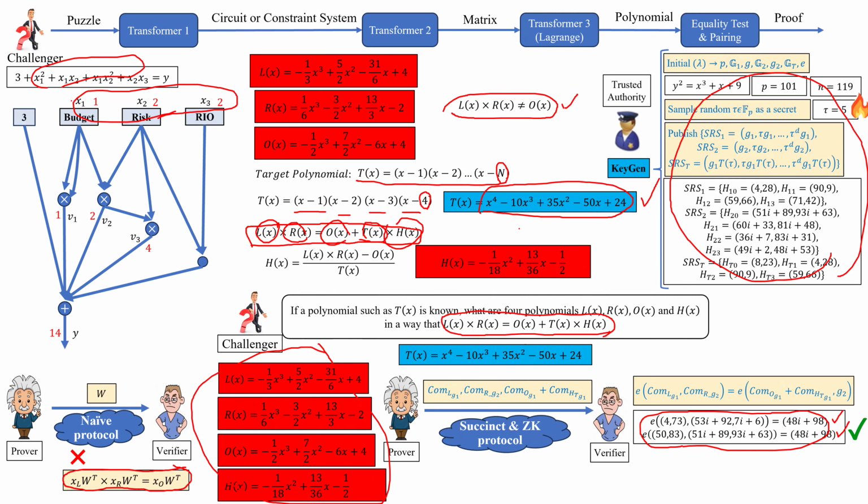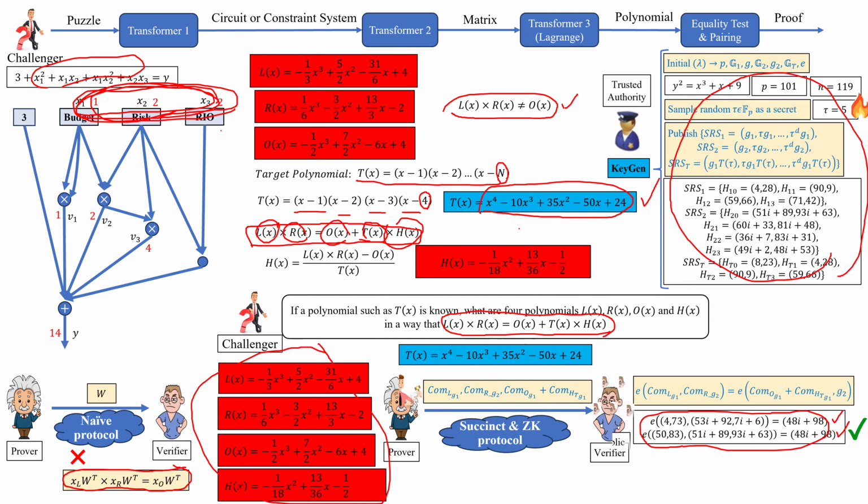Now you need a trusted authority to generate public parameter SRS values. And the prover now commits to the polynomials and sends the commit values to the verifier. And the verifier runs the pairing and sees the left and right sides are equal and is convinced that the prover really knows these input values, right?